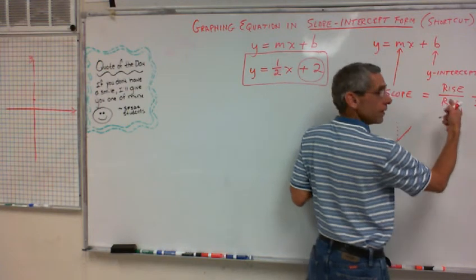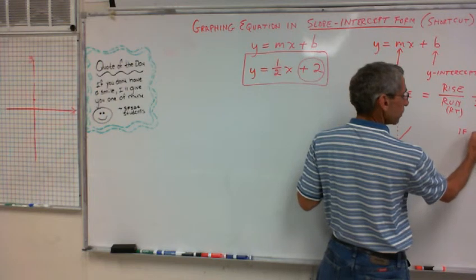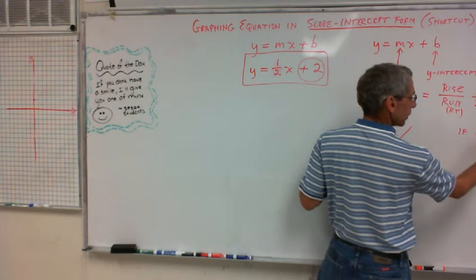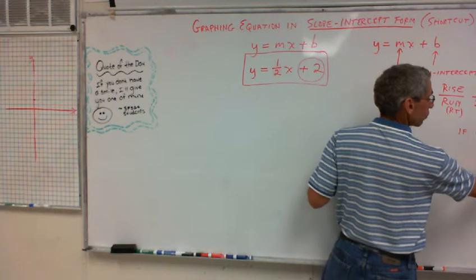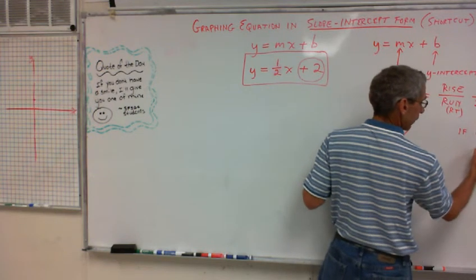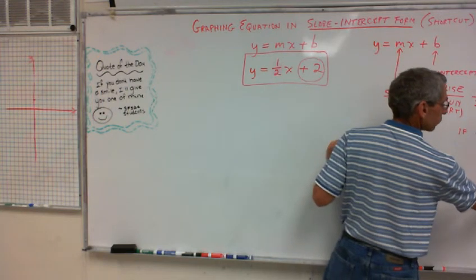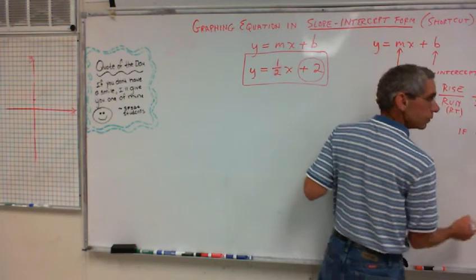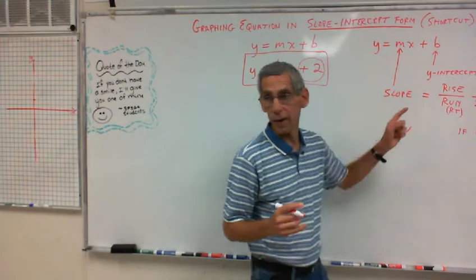And rising, if slope is positive, if m is positive, then rise goes up. If m is negative, it's a negative rise, right? It goes down. Does that make sense? But I always run to the right.